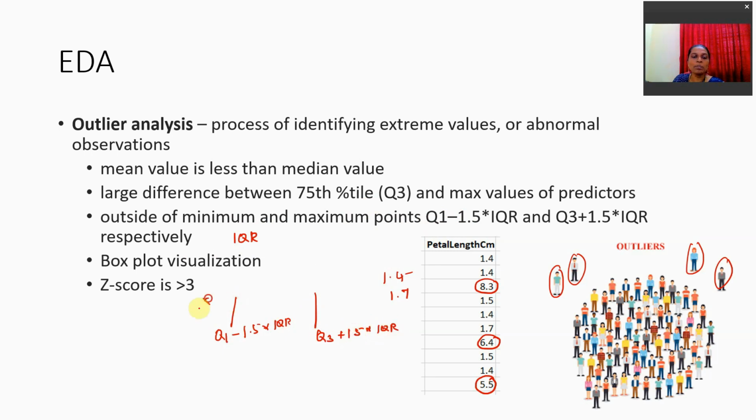Whatever values go beyond this will be considered outliers. Using the visual representation of a box plot, you can also identify the outliers in the data. And by calculating the z-score for every instance, if the z-score value is greater than 3, that particular instance is an outlier.